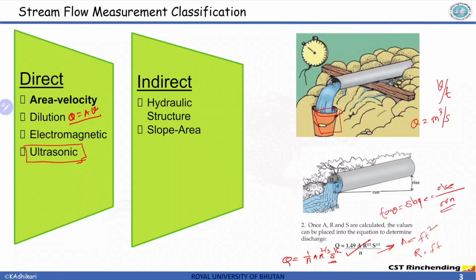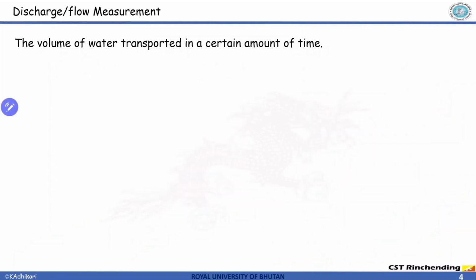Okay, then with this, let's go to a new slide, and here we are going to discuss the discharge or the flow measurement. As I've already mentioned, the volumetric flow rate is what we call the discharge, right? How much volume of water is passing through a particular cross section.